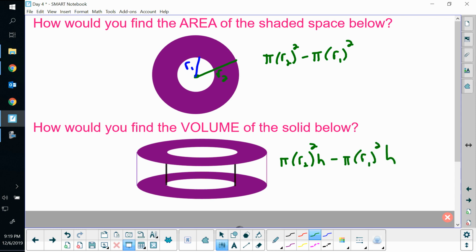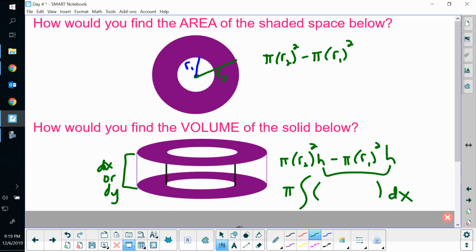Now for us, the height of this cylinder is going to be the little bit of thickness we have from our slices. So that little bit of thickness will be our dx or our dy. So the height will be a dx or a dy. Let's just say hypothetically it's a dx. The pi will be able to pull out in front of the integral, and we'll just be left with the r2 squared minus the r1 squared.